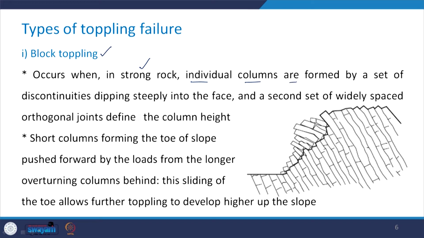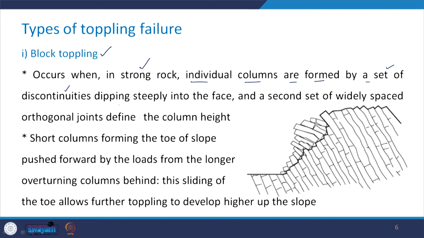individual columns are formed by a set of discontinuities which are dipping steeply into the face, and there occurs a second set of widely spaced orthogonal joints which define the column height.